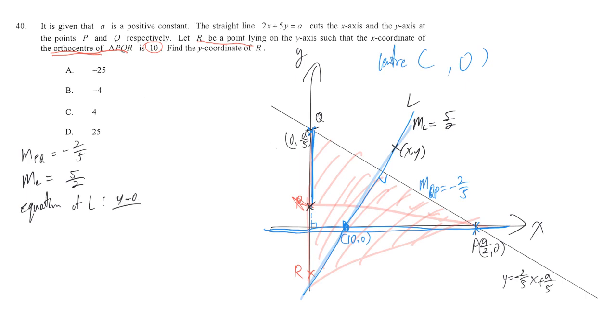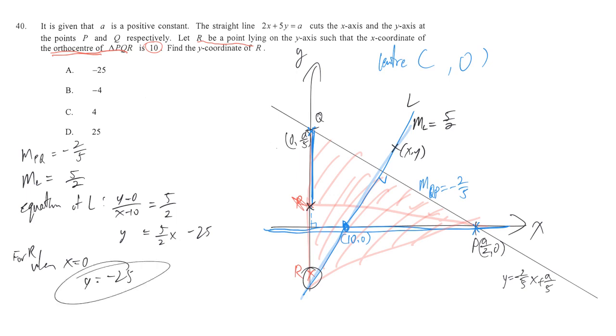So y minus 0 over x minus 10 is equal to 5 over 2. y is equal to 5 over 2 x minus 25. Because R is lying on the line L, for point R, when x is equal to 0, y is equal to negative 25. It gives the answer. The y-coordinate of R is negative 25.